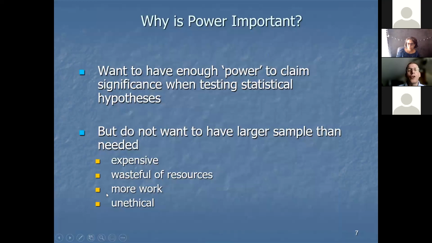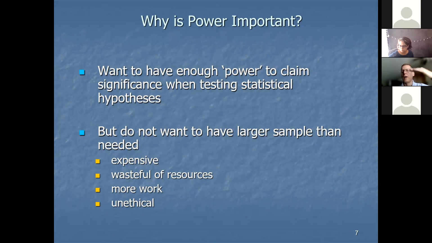Okay, so why is it important? Well, hopefully it's becoming pretty obvious, but we want to have enough power to be able to determine and claim statistical significance when we're testing these hypotheses. Most people think about power in terms of saying we have enough sample size. People don't always appreciate that it also helps us to not have too large of a sample size.